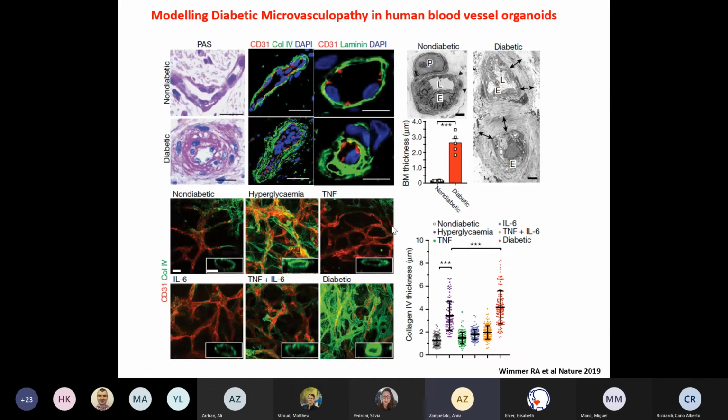And importantly, in vitro, vascular blood vessel organoids, when exposed to hyperglycemia or diabetic conditions, also show this thickening of the deposition of collagen 4 and thickening of the extracellular matrix.